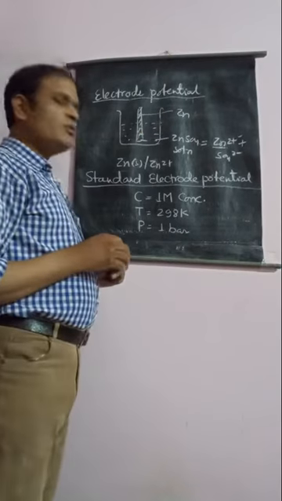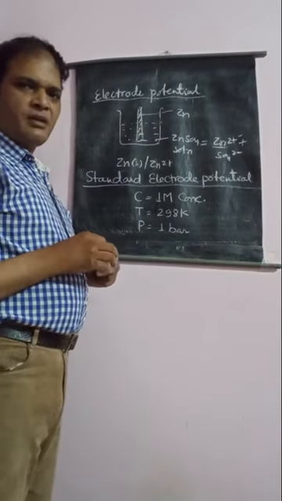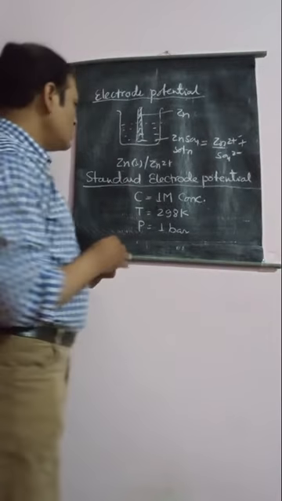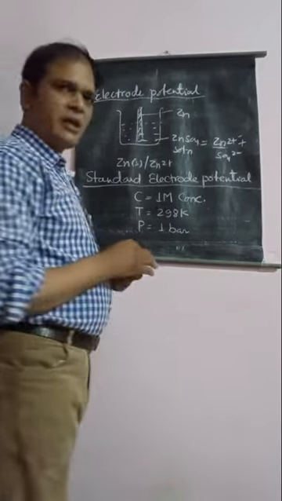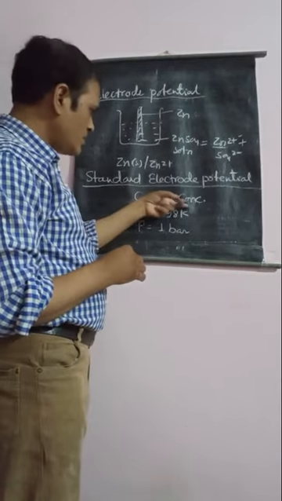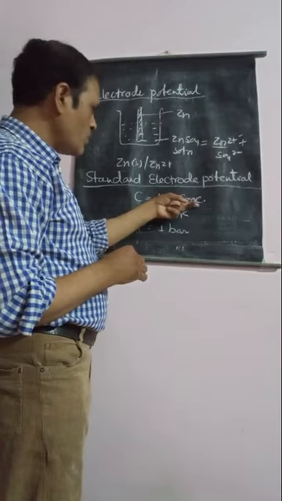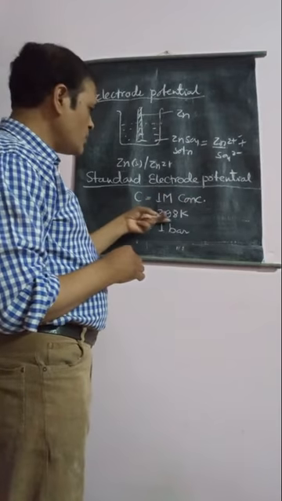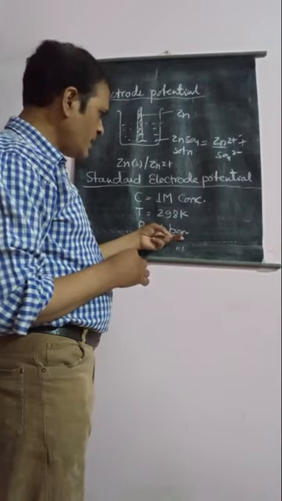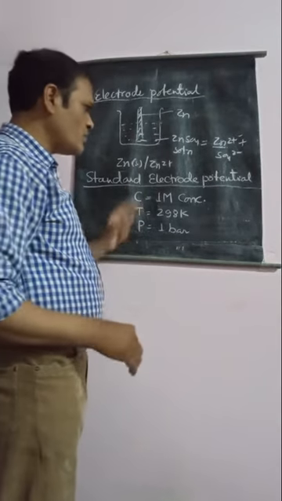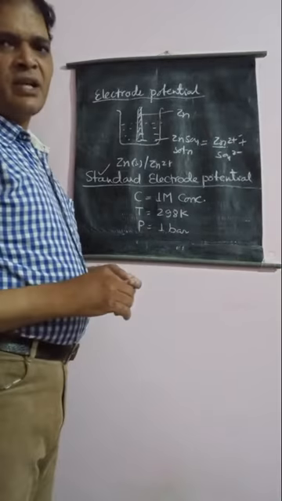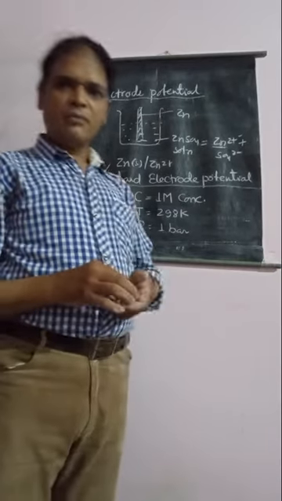The electrode potential of an electrode, if the concentration of the electrolytic solution of that electrode is 1 molar, the temperature is 298 Kelvin, and the pressure is 1 bar, then the electrode potential of that electrode will be the standard electrode potential.